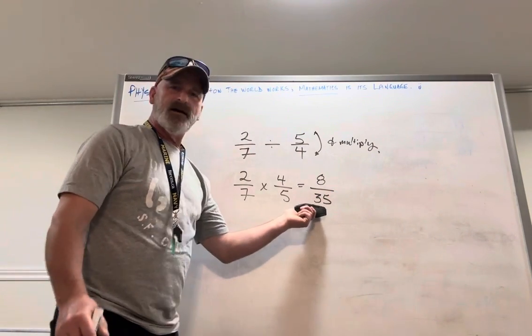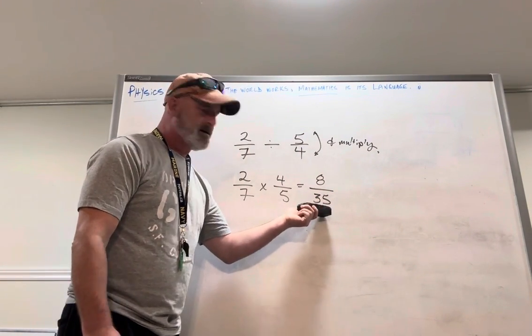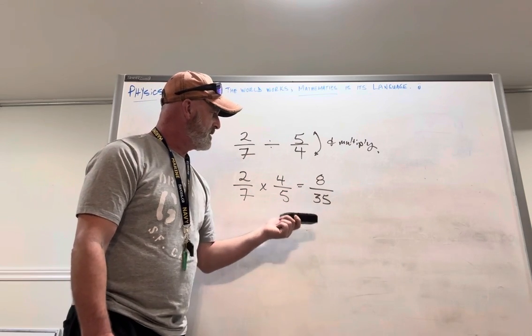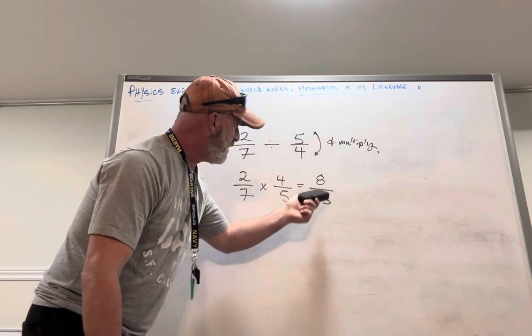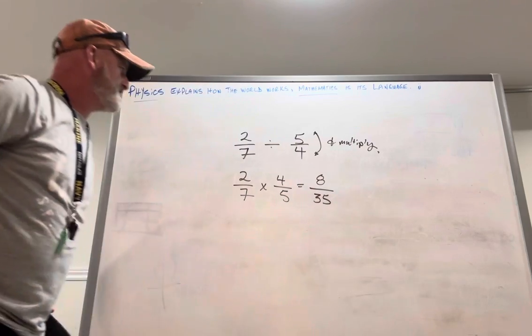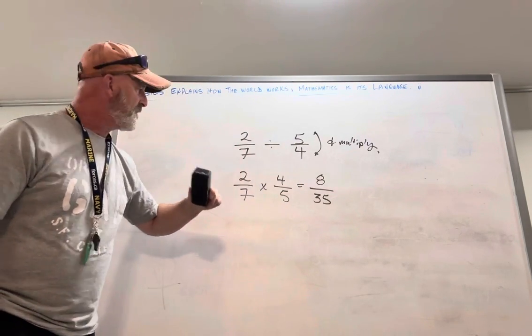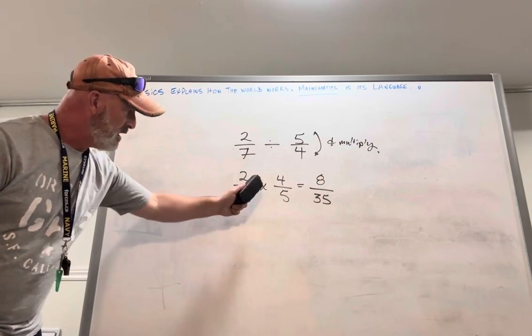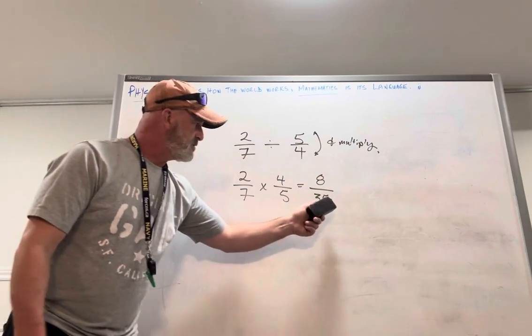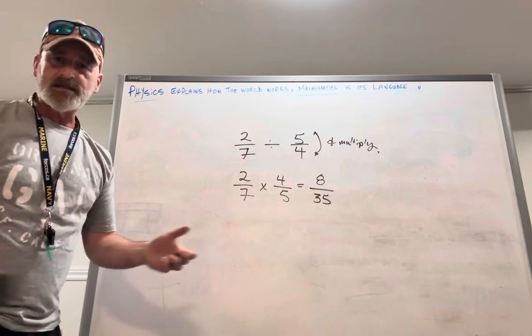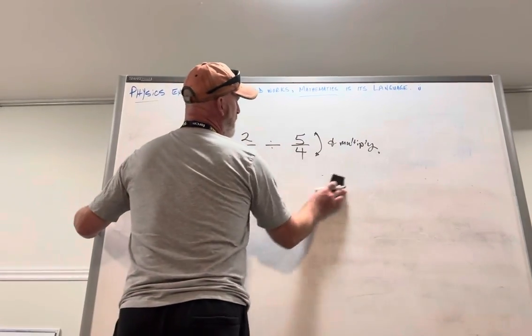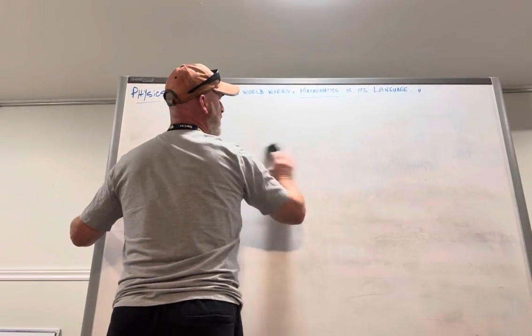Well, 2 can't go into that because that's clearly an odd number. 2 can go into this, but can any other number go into 35 and match 8? No, I think we're down there. So 2/7 divided by 5/4 is the same as 2/7 times 4/5 equals 8/35. Piece of cake. All right, now the real reason we're here today.